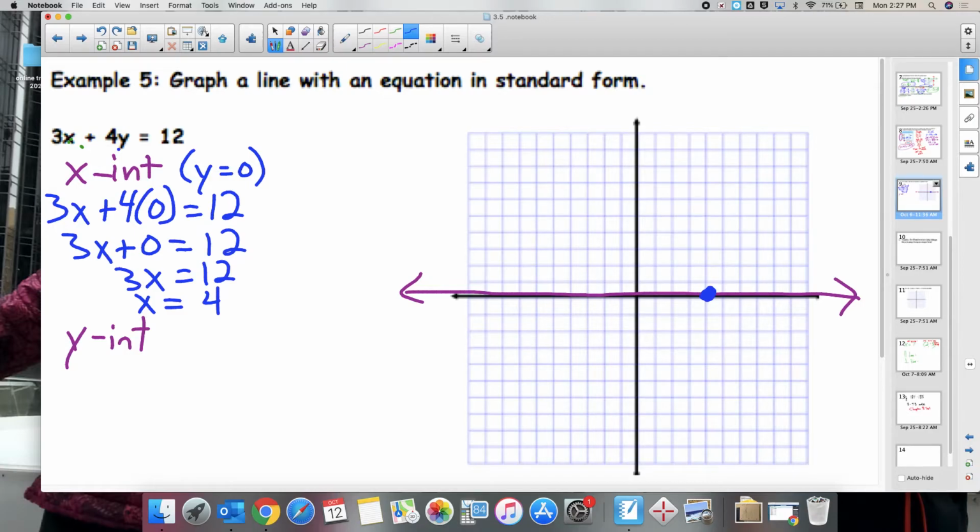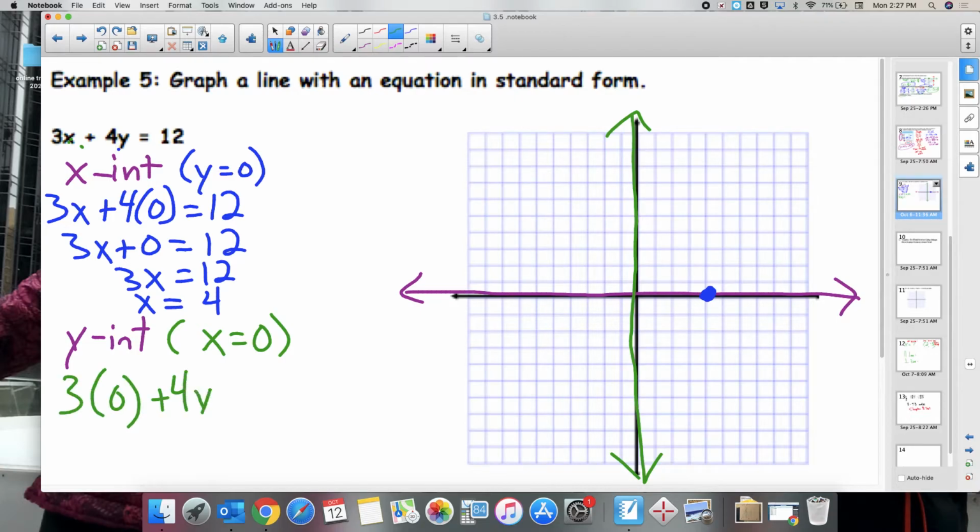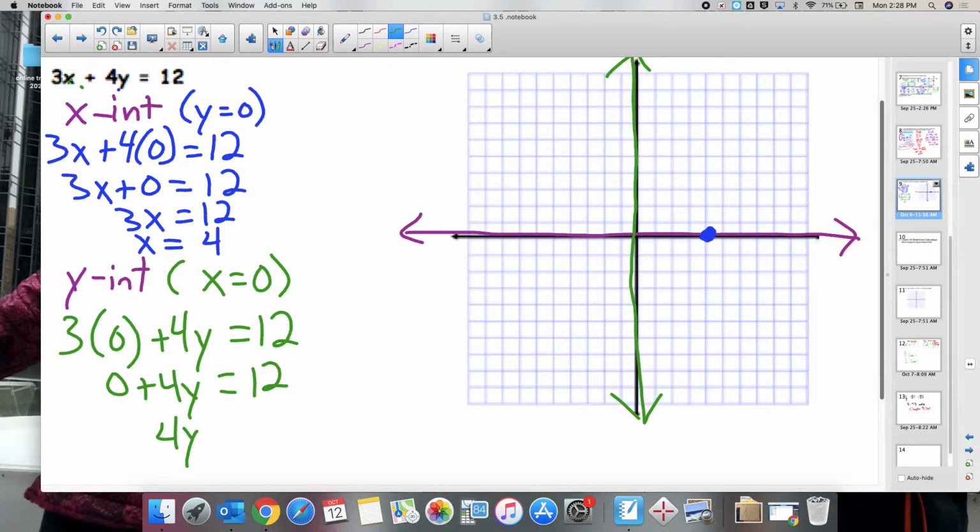To find your y-intercept instead, that's where it would cross your y-axis. So you let x equal 0 to find your y-intercept. So we have 3 times 0 plus 4y equals 12. So I get 0 plus 4y equals 12, which means 4y equals 12.